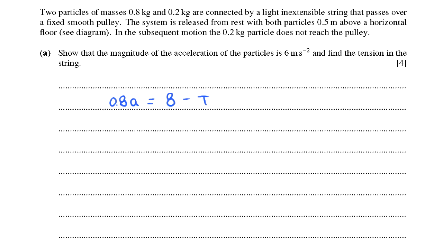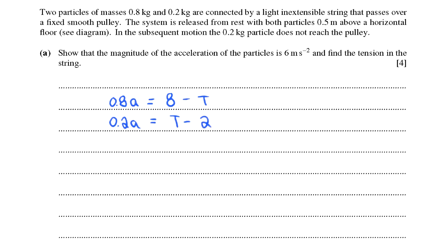For the second one, the 0.2 kilograms will be moving upwards, and so its resultant force will also be mass times acceleration. So it'll be 0.2 times a. And it's going to equal the tension, which is pulling upwards, minus the weight, which is going down. And weight is mass times gravity, and gravity is 10. So the weight going down is 2.